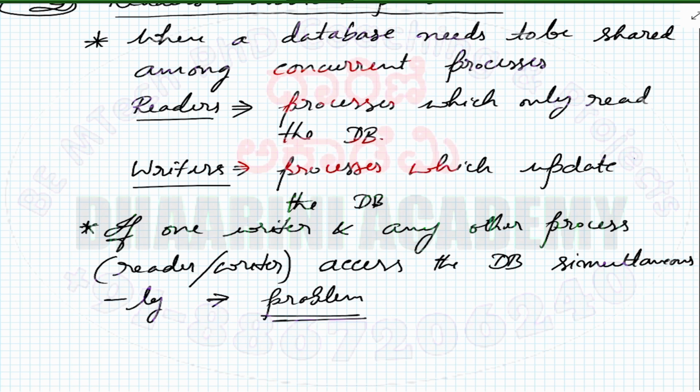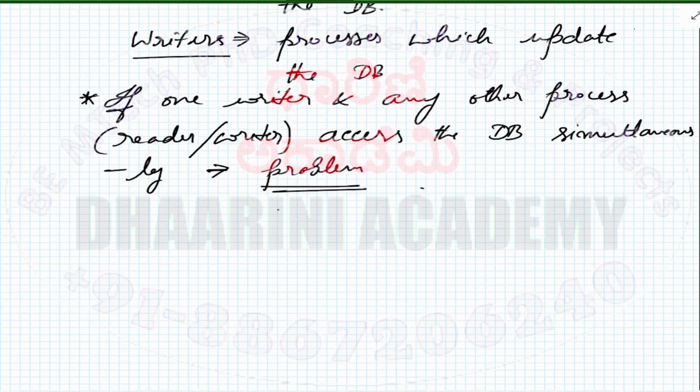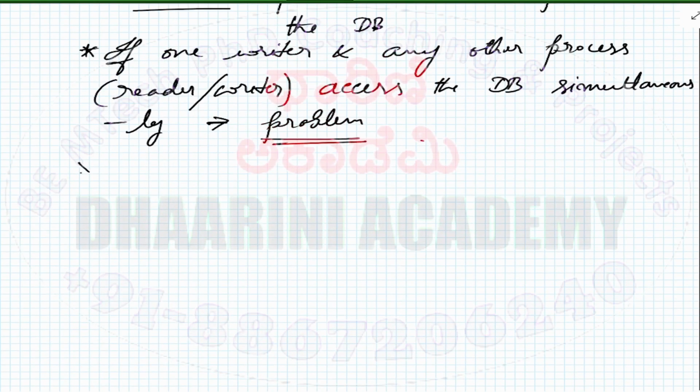So now, to ensure all these difficulties we discussed so far do not arise, we require a specific condition on the writers. That is, whenever a writer is accessing the database, it has to be an exclusive access. So we'll write in short now.